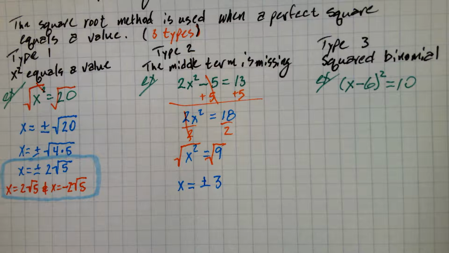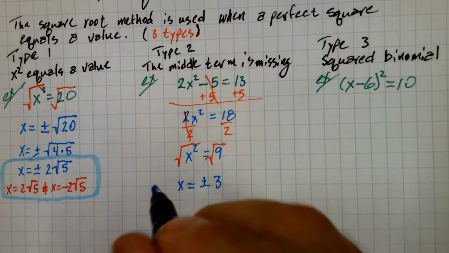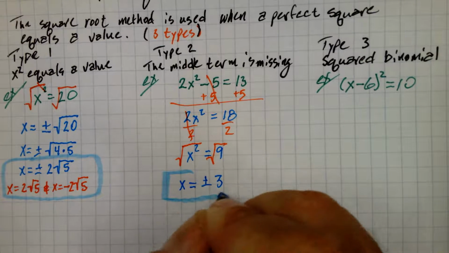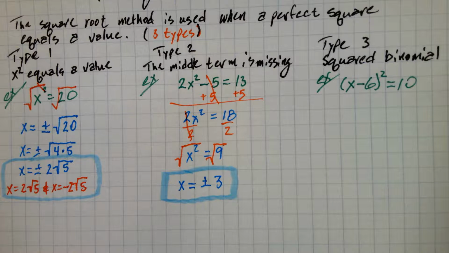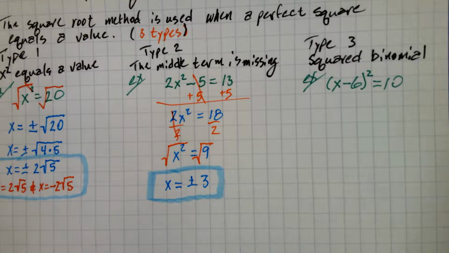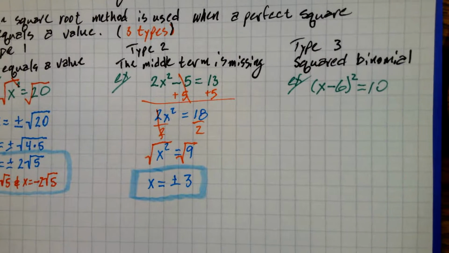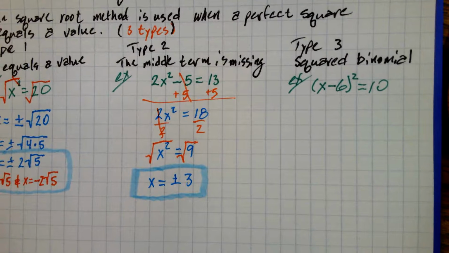There's your two answers. It's 3 and negative 3, but we'll just write it as plus or minus 3. Okay? So there you go. So sometimes you just get regular integer answers. And then you're going to get some weird stuff like this one.